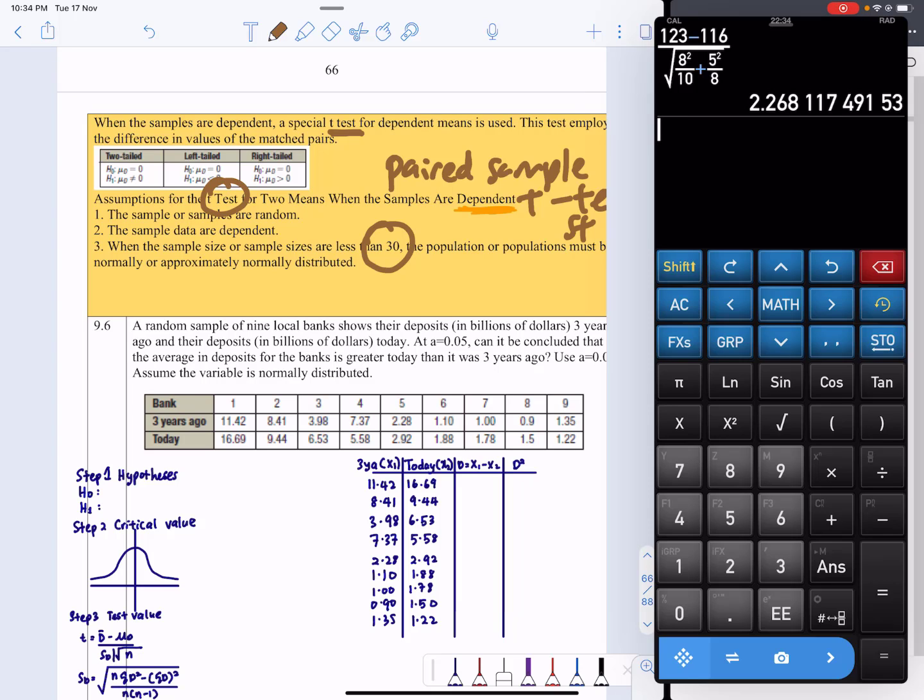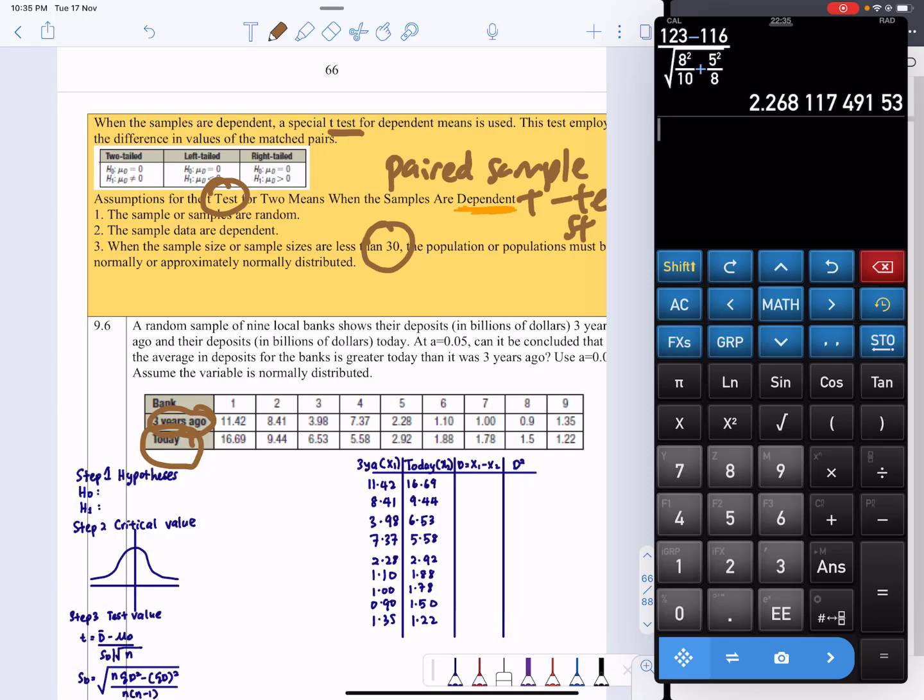Okay, and here we have the bank 3 years ago and today. This one is on page 510. Okay, 510.